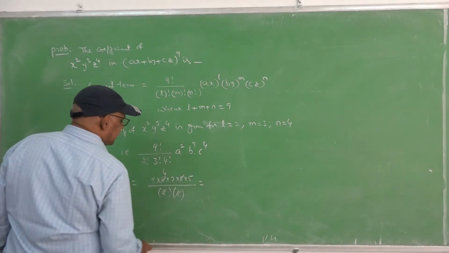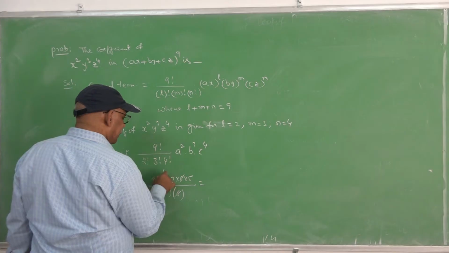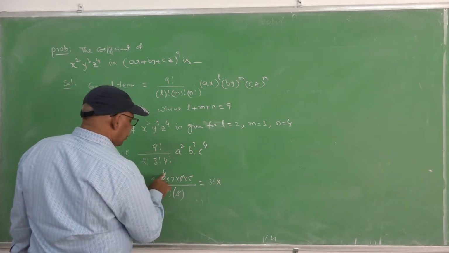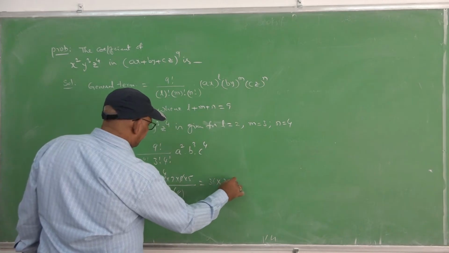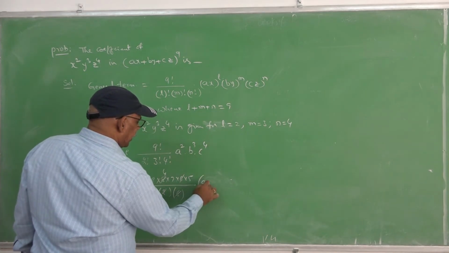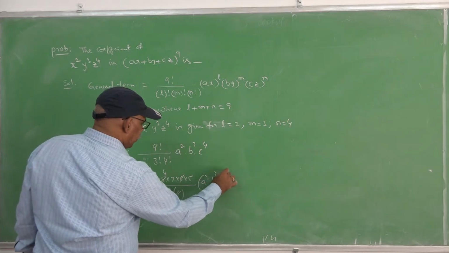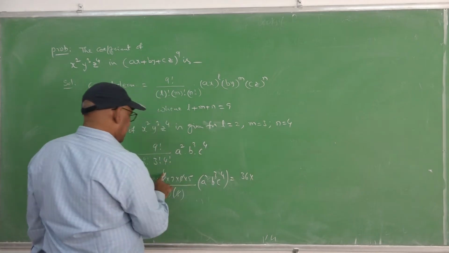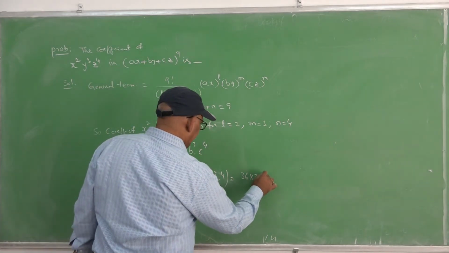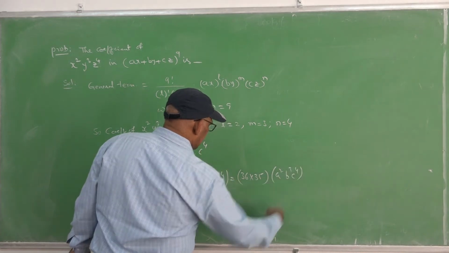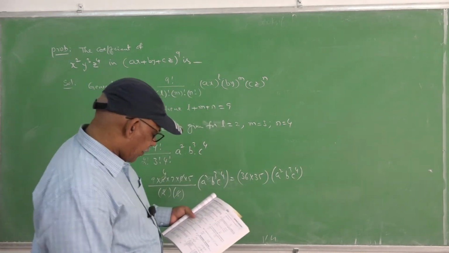So that is given by 36 into 35 into a square b cube c power 4. That is the coefficient of the required term.